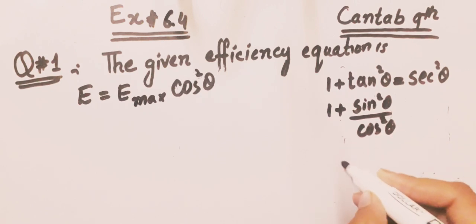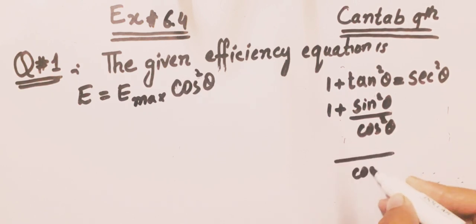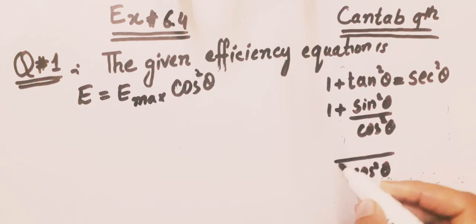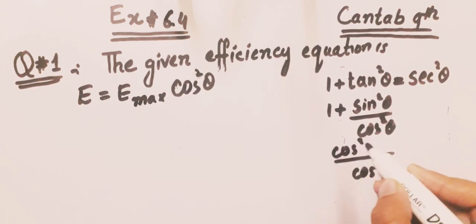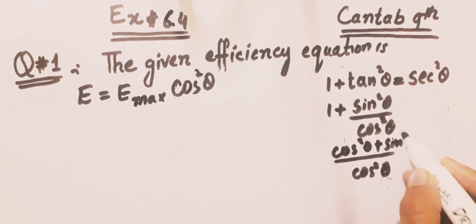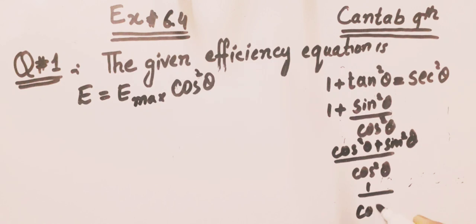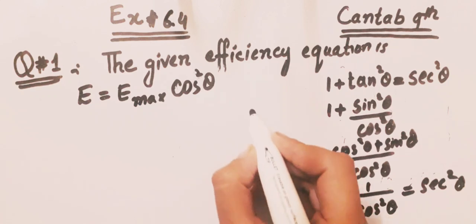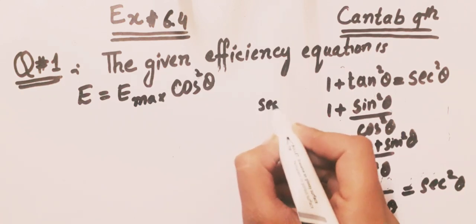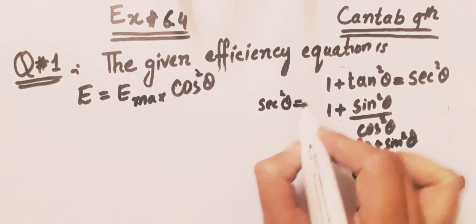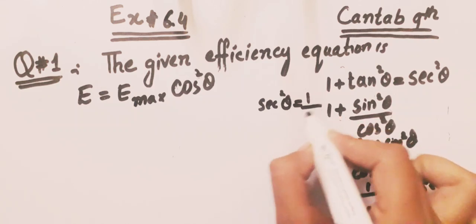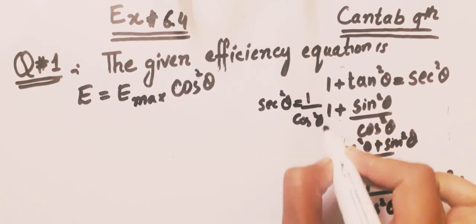It will become, by taking LCM, cos square theta plus sin square theta over cos square theta. So cos square theta plus sin square theta is equal to 1. So 1 over cos square theta is equal to secant square theta. And we also know that secant square theta is the reciprocal of cos square theta.